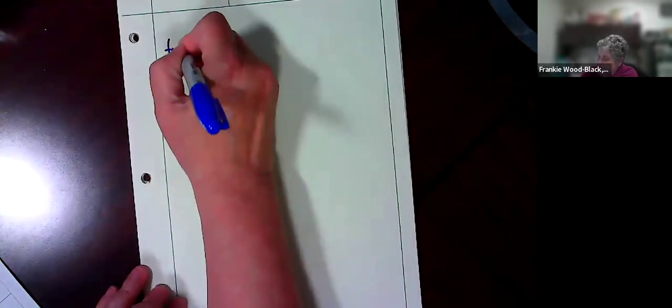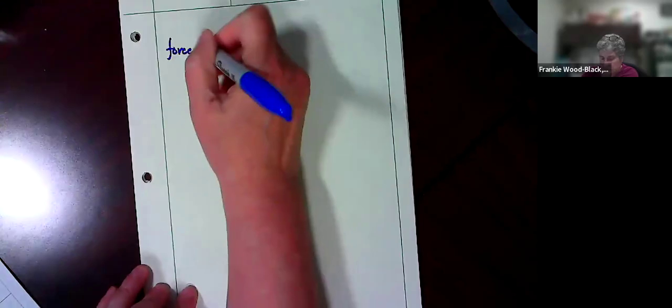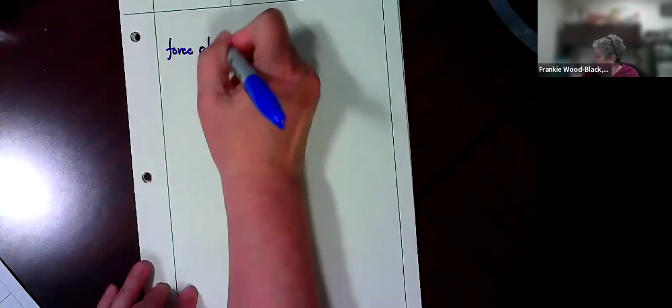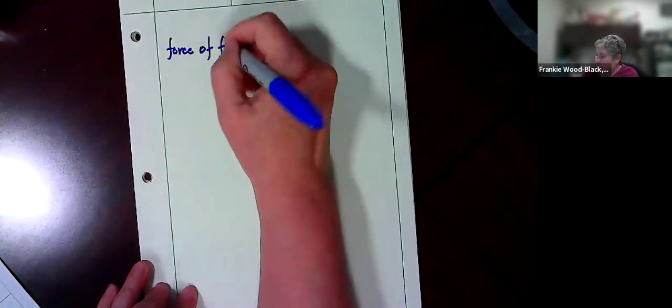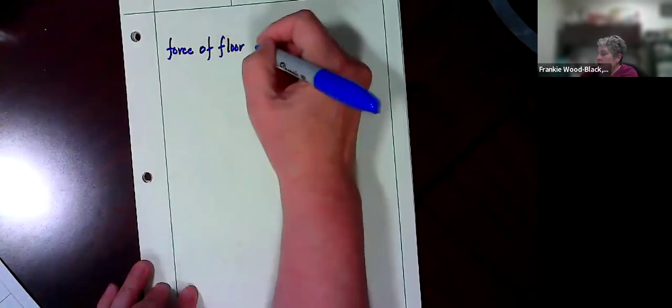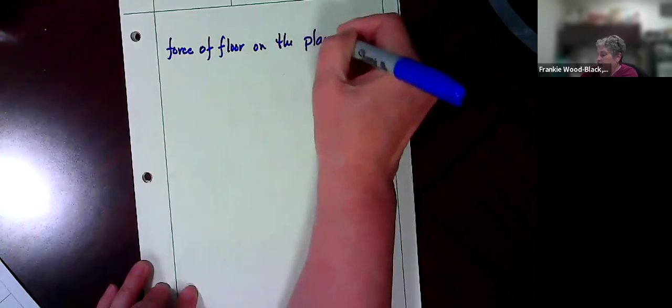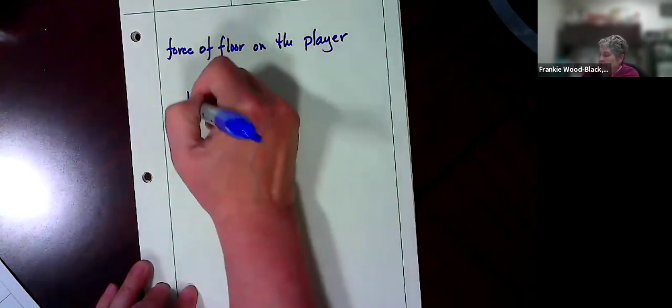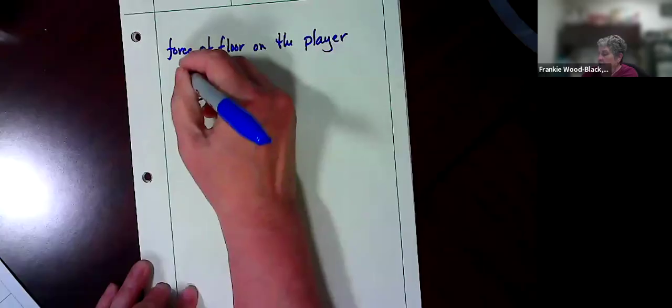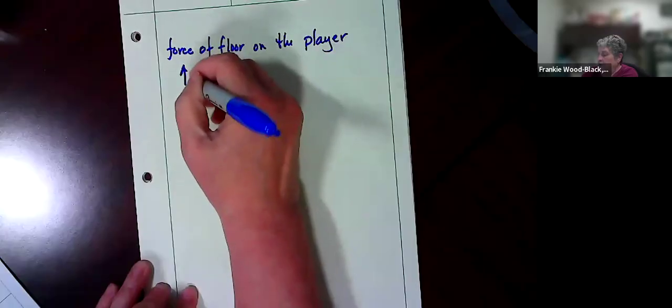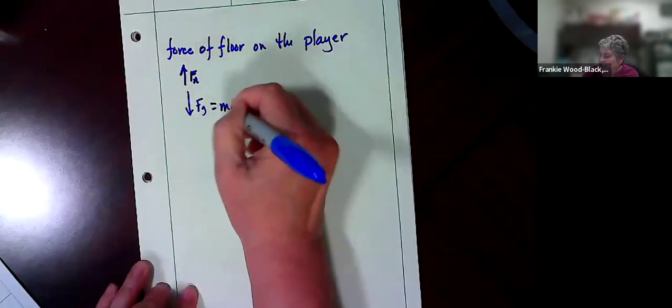We want to calculate the force on the floor, or the force of the floor on the player, or the other way around, either way, because basically this is my force due to gravity, and this is my normal force. This is going to be mg.